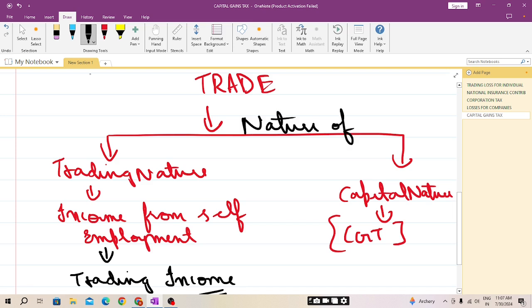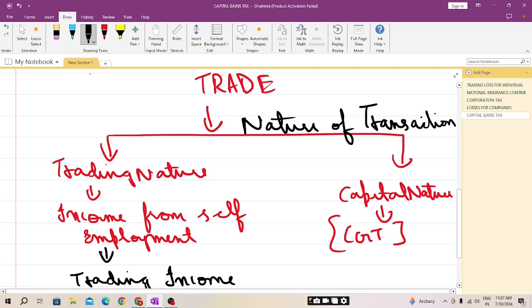This we have already covered in chapter number 7. If the badges of trade apply to the transaction, it will be covered under the trading head. If it does not come under trading nature, it will be covered under capital nature and taxed under CGT.